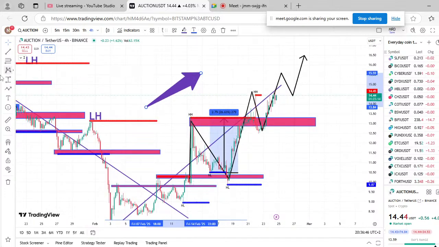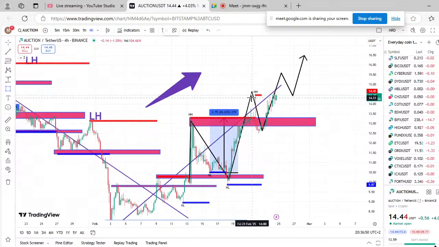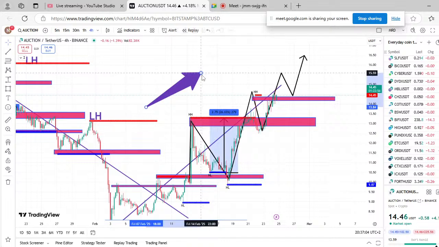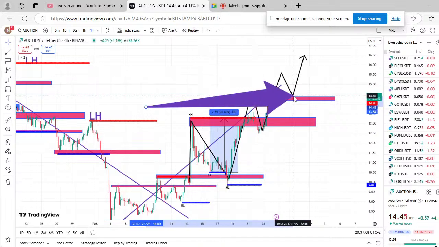It should be moving like that. So therefore, we draw a line now on this high, because when this market is coming back, it should test this area. It should test that area because it is the previous high. Therefore, we expect to enter from here if we are to enter the market.